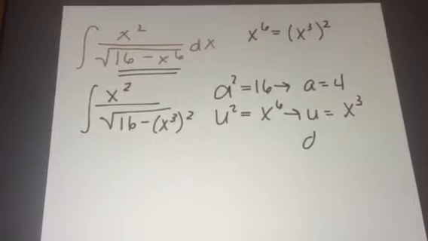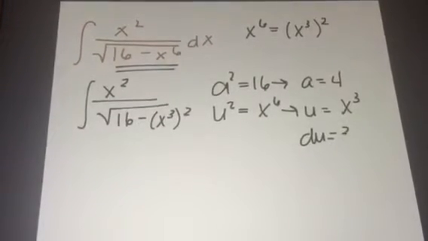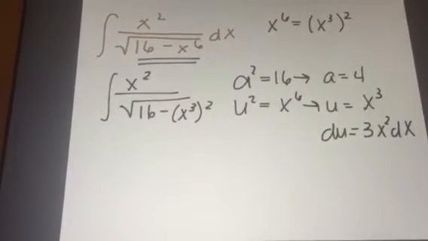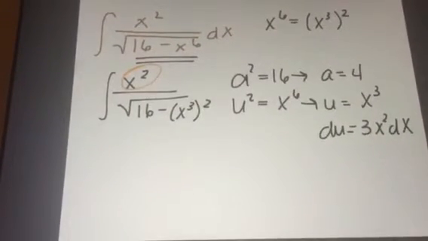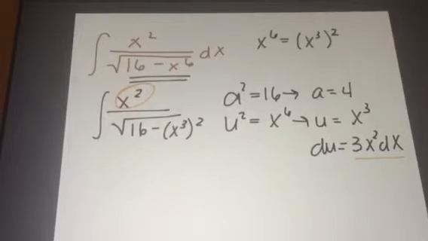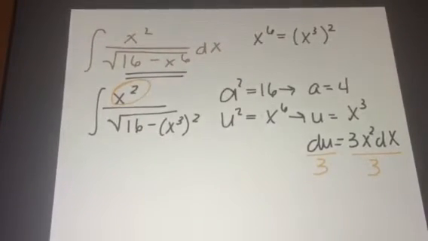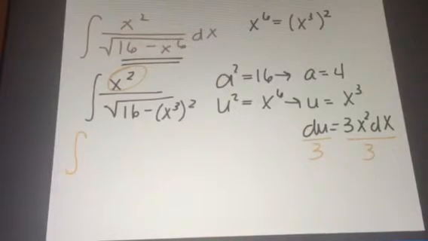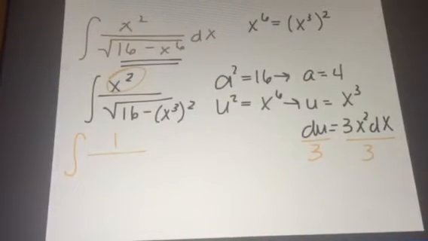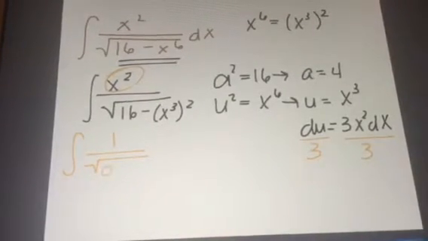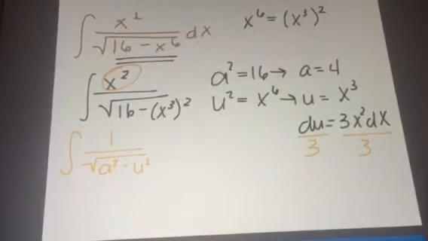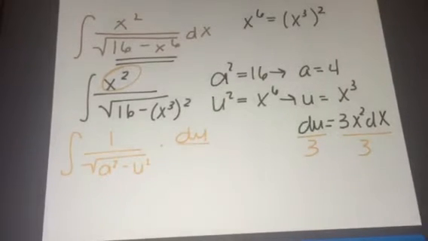Now if we take the derivative of u, that gives us 3x squared dx. In our numerator, we've got the x squared portion, so we need to divide by 3. When we rewrite this, we'll end up with 1 over the square root of a squared minus u squared times du over 3.